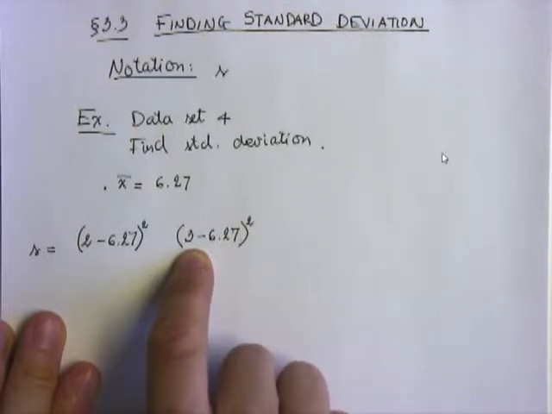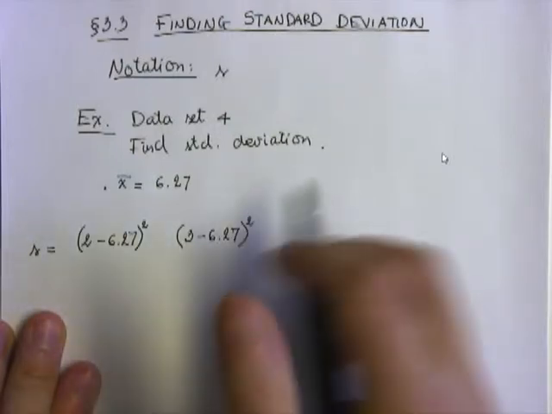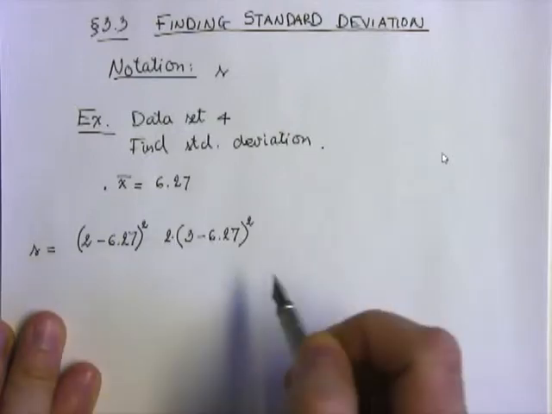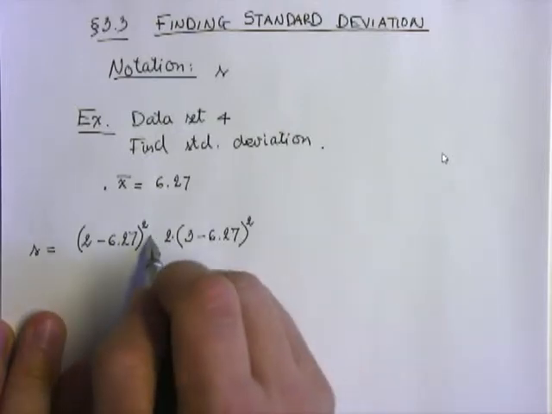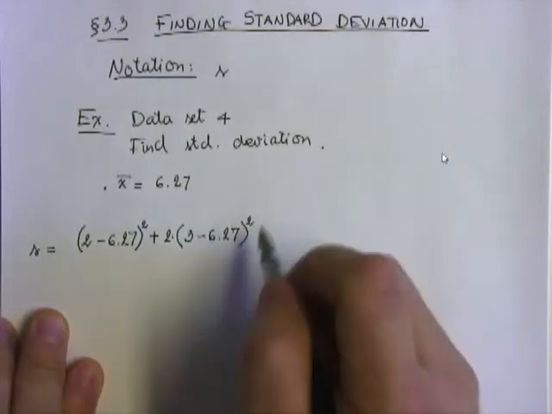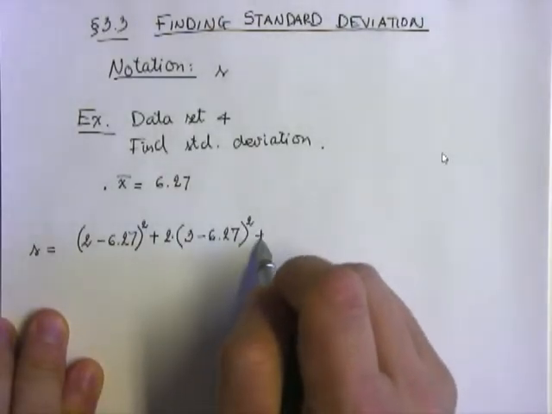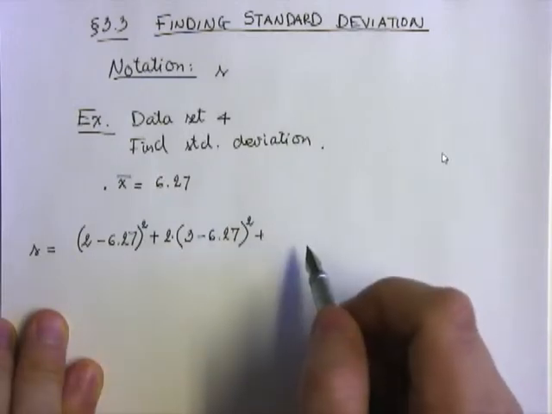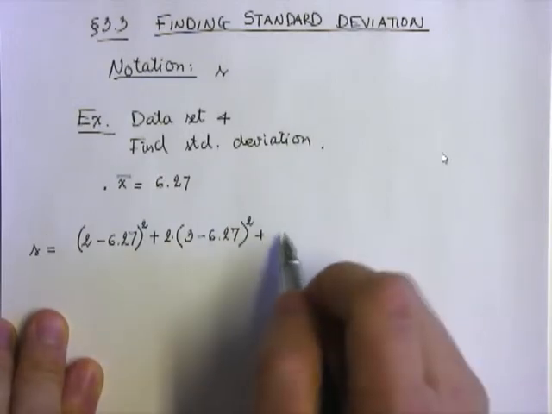I have two data value 3s on my list. So I'm going to multiply that square of the difference by 2, and now I'm adding that to the preceding square of difference. And so you can see that I'm going to keep doing the same way until I run out of the data.